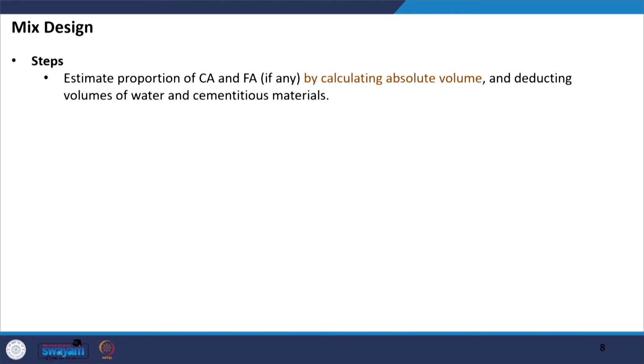Okay. After that, this is similar to what we have discussed in case of concrete mixtures also, that we will estimate the proportion of coarse aggregate and fine aggregate, if there are any fine aggregates, by calculating the absolute volume and deducting the volume of water and cementitious material. Okay. So, this will be clear once we do the calculations again.